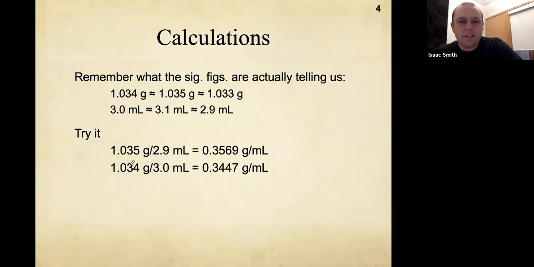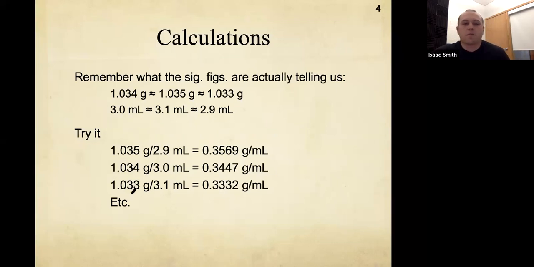If we use different numbers, then we get this density. And again, a different set of numbers here. In this third row, we get a different density. So this just shows you that because you have this estimated digit, your density also contains some error when you do the calculation, because your original measurements also contain some error.